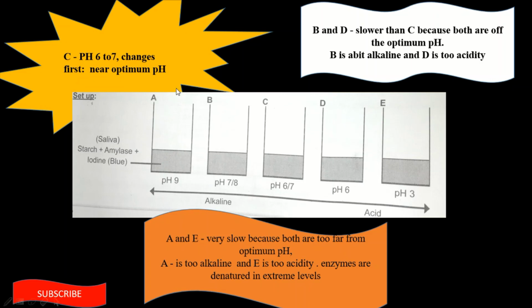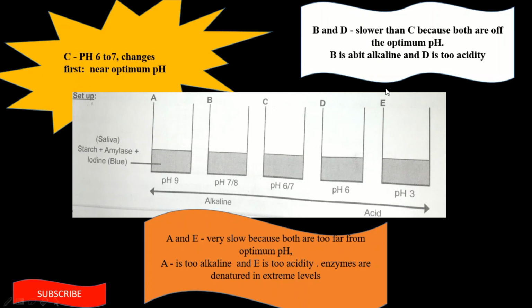And then in test tube A and E there will be no reaction. The reason for that is because we are off the optimum pH of amylase, all right? And then because we are off, our starch will not be broken down by amylase. So test tube A and test tube E will still contain starch.